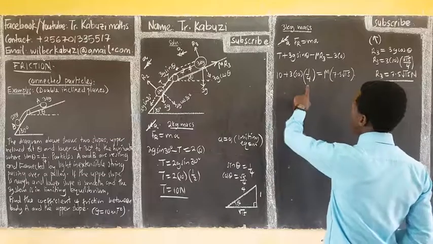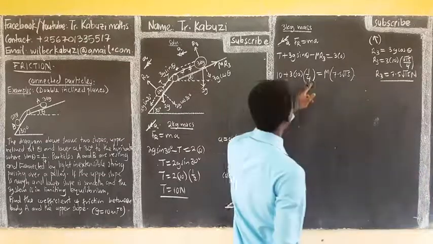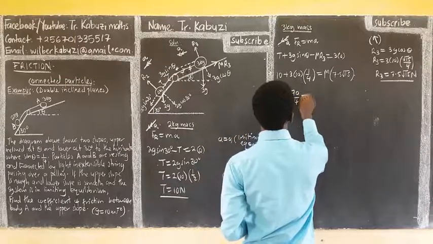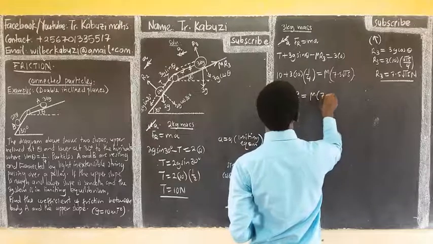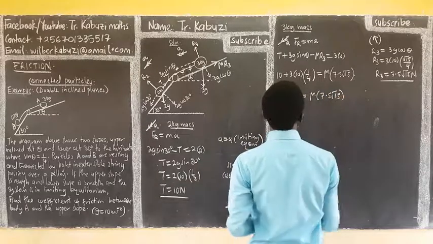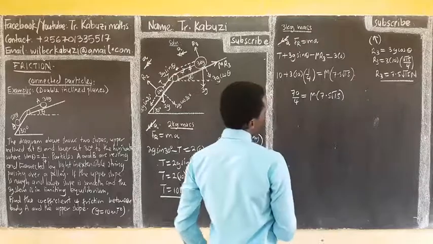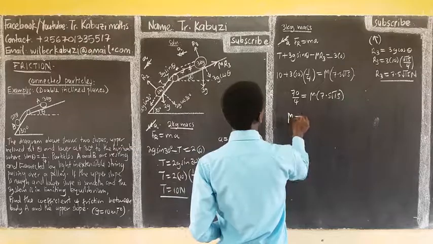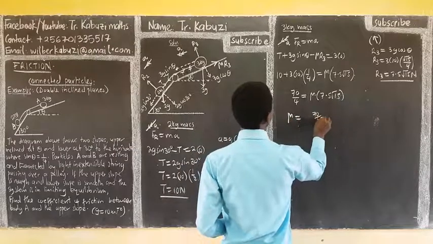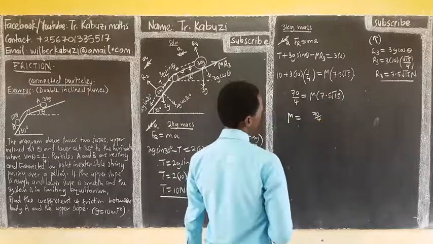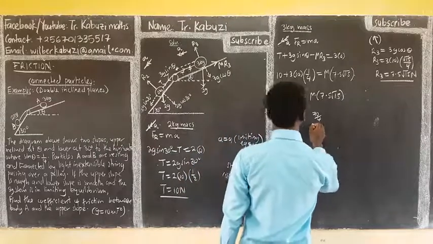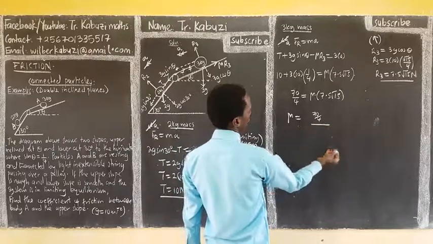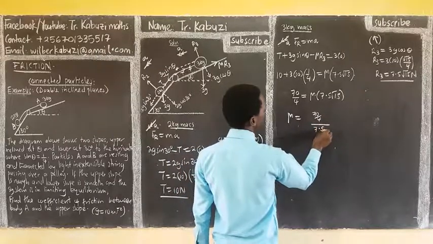So what do we have here? We are going to have this times this, 70 over 4, equaling to mu into 7.5 root 15. And if you divide, our mu will be 70 over 4 divided by, so this is 17.5, or you can leave it and then replace it at once.